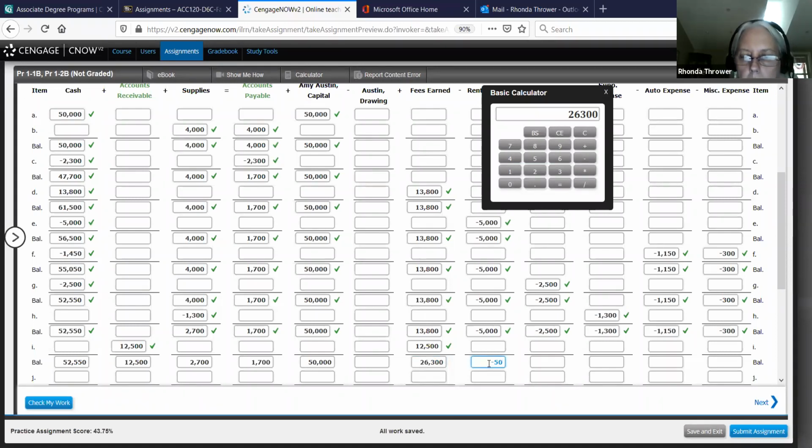Finish balancing your accounts. Just bringing down what we had earlier. And then we're ready to complete J.